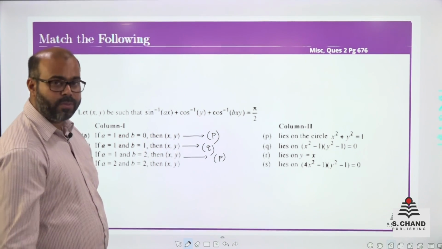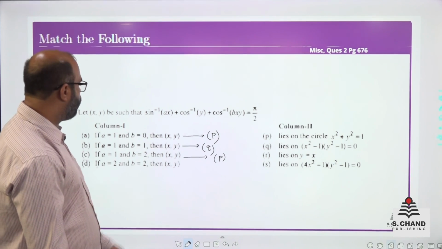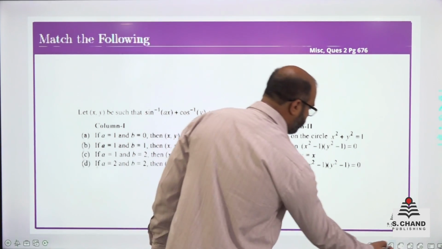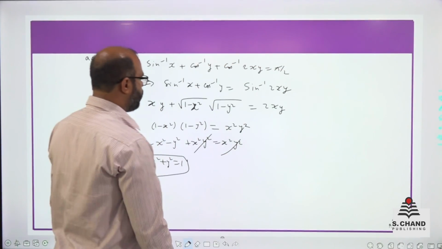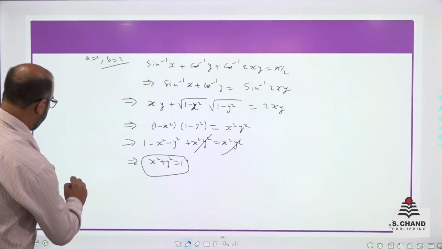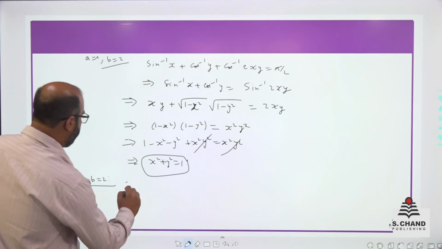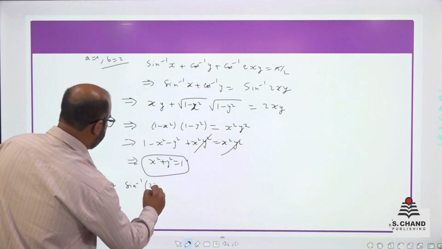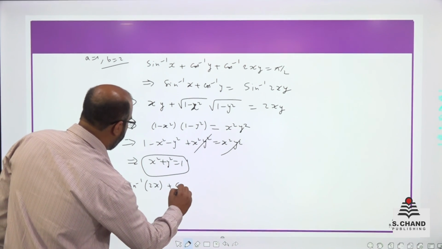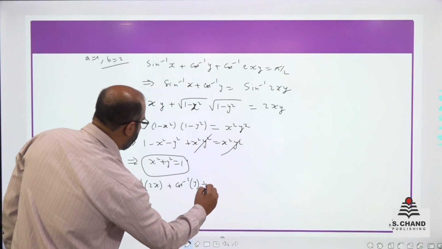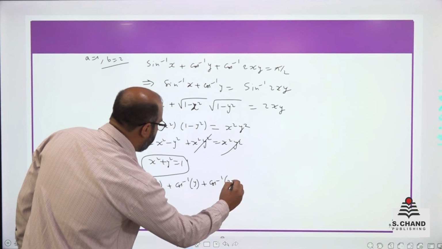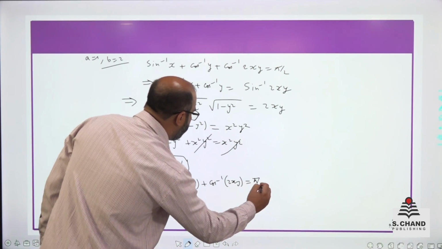Finally, the last option, it says a equal to 2 and b equal to 2. So when a equal to 2, b equal to 2, what happens? Sine inverse 2x plus cos inverse y plus cos inverse 2xy is equal to pi by 2.